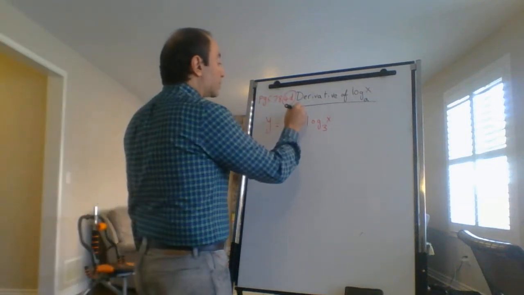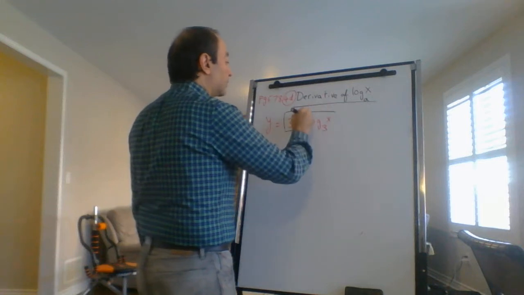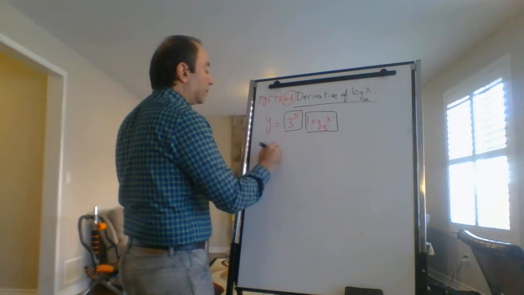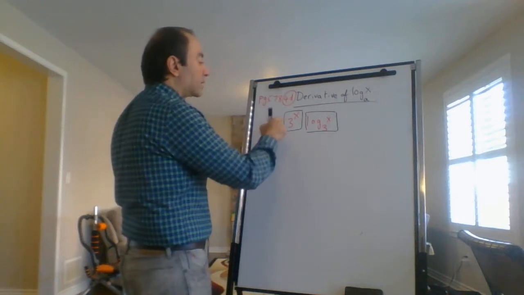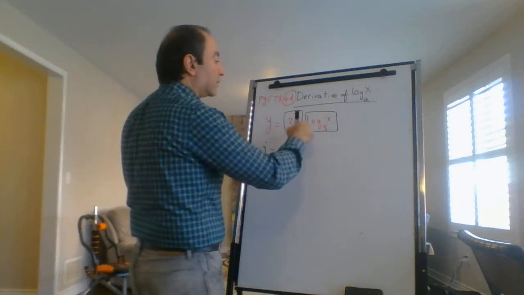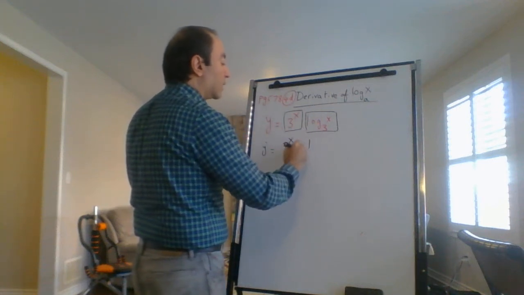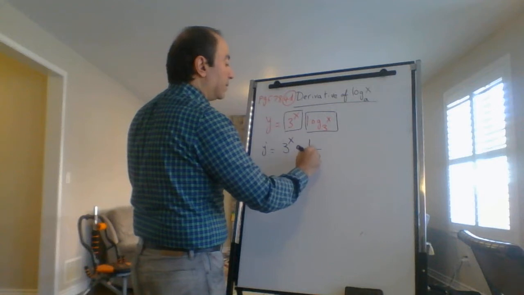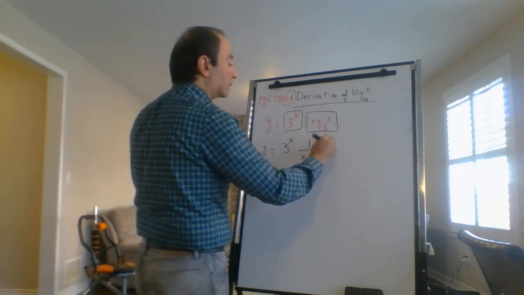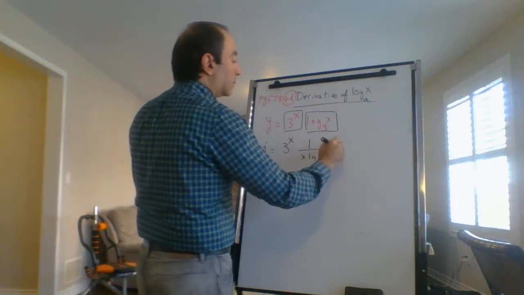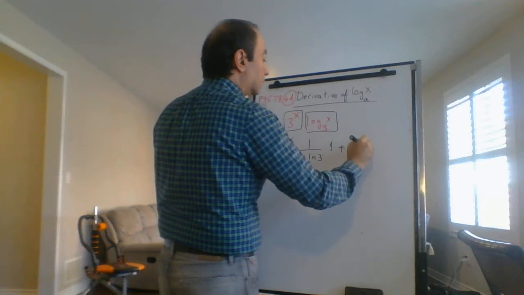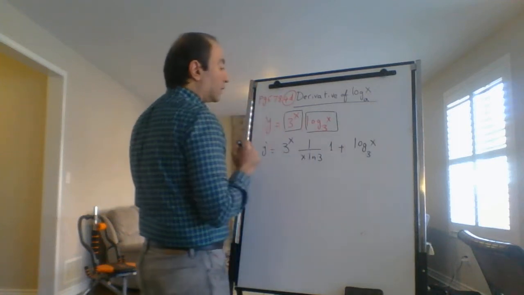This is two functions multiplied together, so this is the first and this is the second, and we need to apply the product rule. Product rule says first times derivative of the second. Derivative of log x base 3 is 1 over x ln the base times the derivative of x, which is 1, plus the second times the derivative of the first.